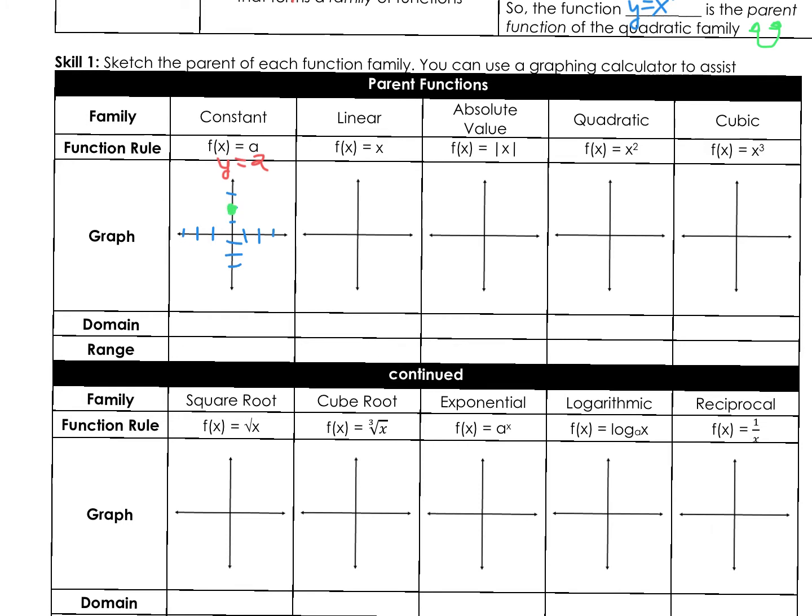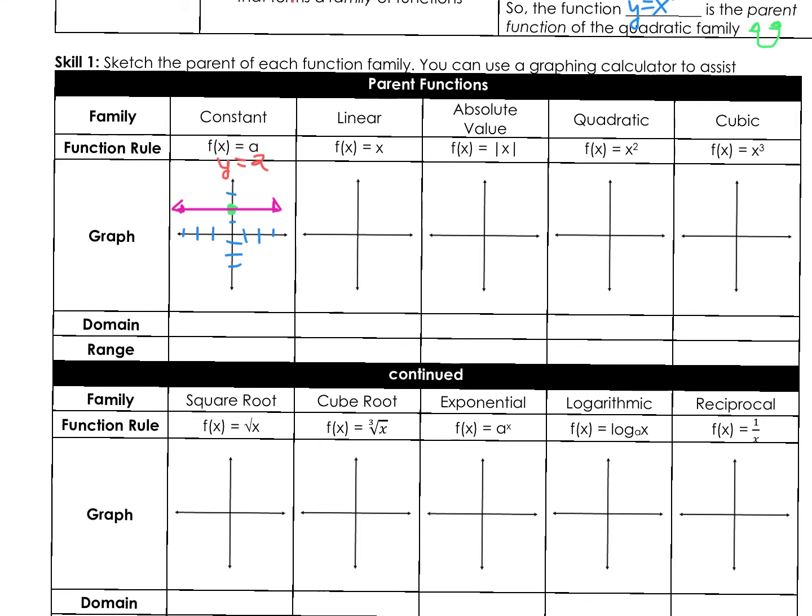And then the only way to cut the y-axis into 2 pieces is using a horizontal line going in this direction. So this is just an example of y equals a. It's going to be a horizontal line going in this direction, and you can have an infinite number of them going all up and down this y-axis. This is just one example.